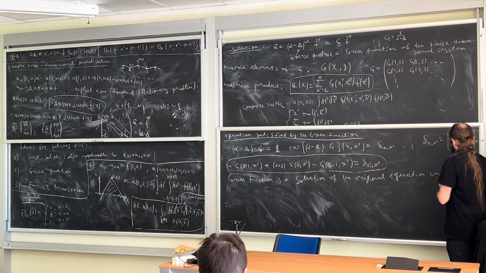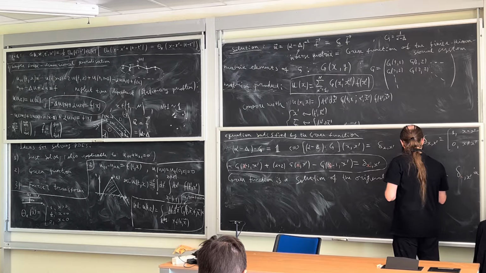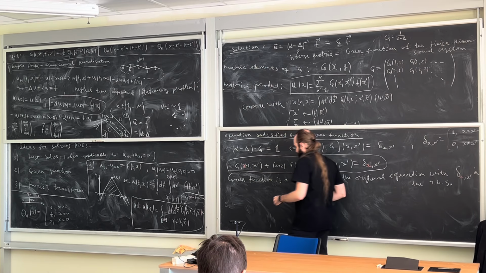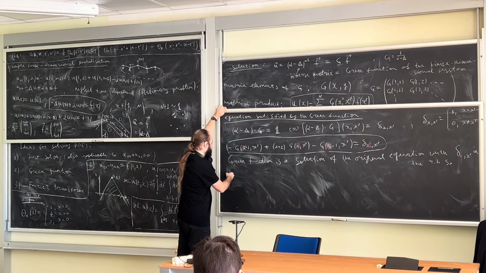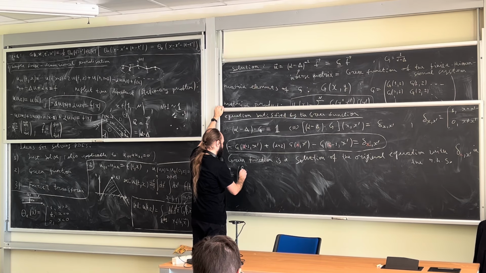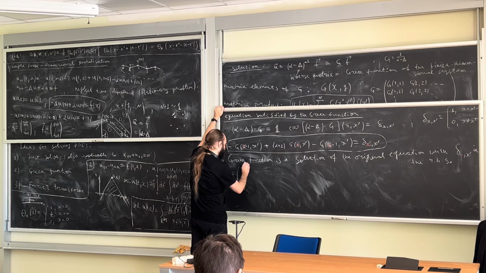So with this specific right-hand side, this vector f equals 0, 0, 1, 0, 0.